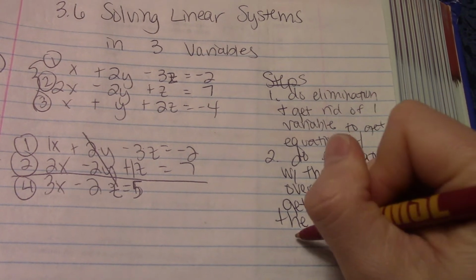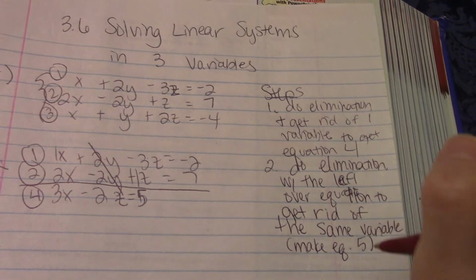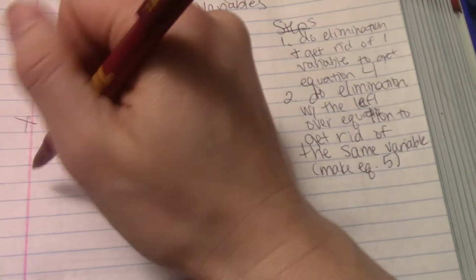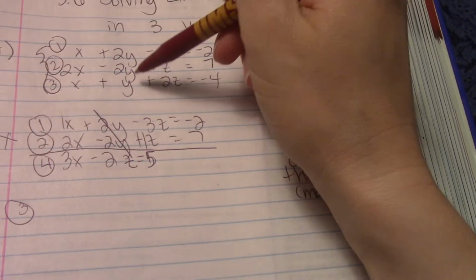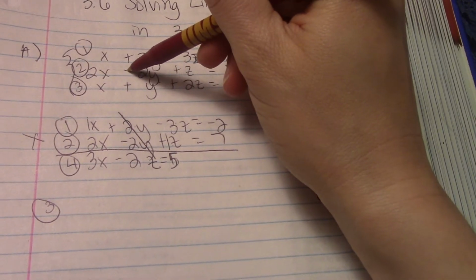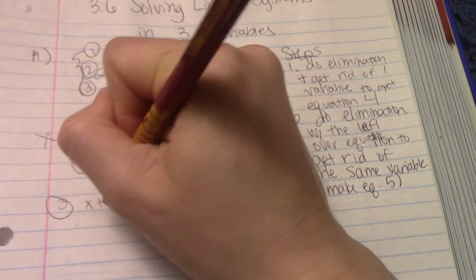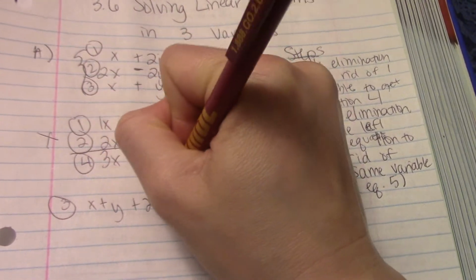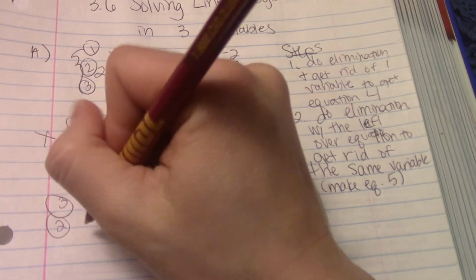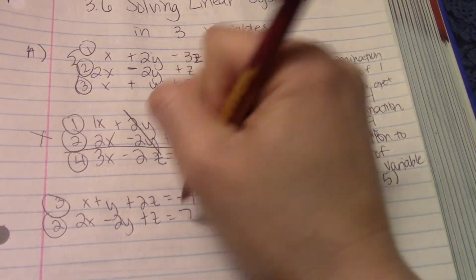And this is going to make equation 5. So we have not done 3, so we need to do 3. And it doesn't matter if we do 1 or 2. I'm going to choose 2, but that's just because this is a negative and this is a plus. So 3 is x plus y plus 2z equals negative 4. 2 was 2x minus 2y plus z equals 7.